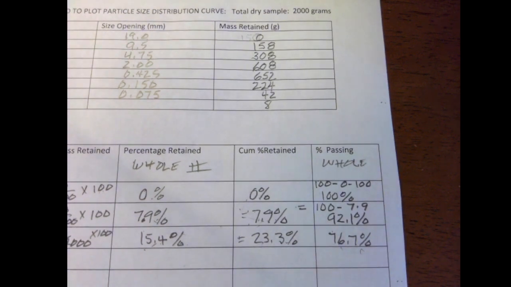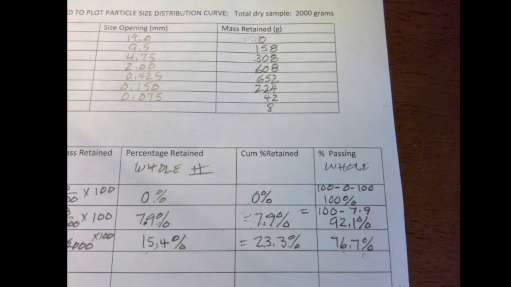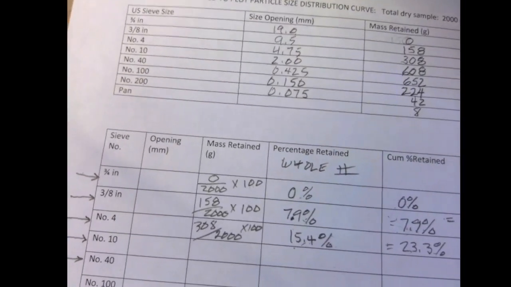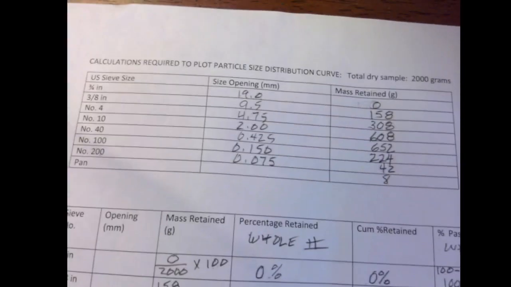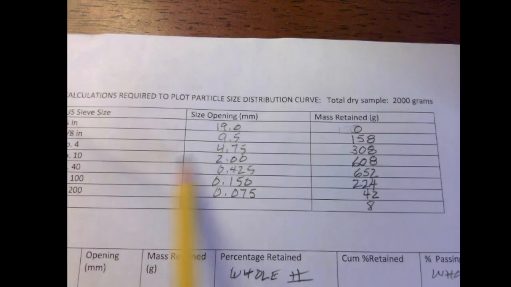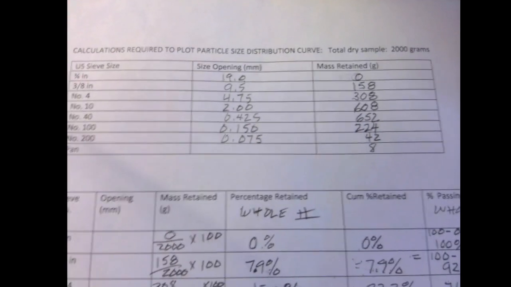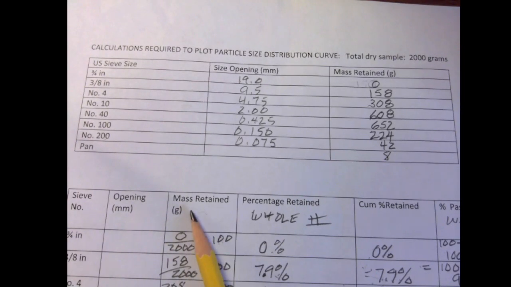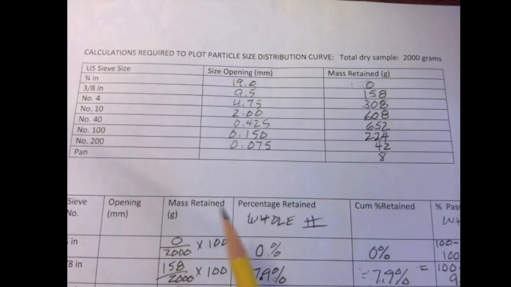So work through the problem. Expect to see something similar to this layout with no numbers in it. It'll have all your givens, the stuff up here, and I want you to calculate the mass retained. That'll be given.